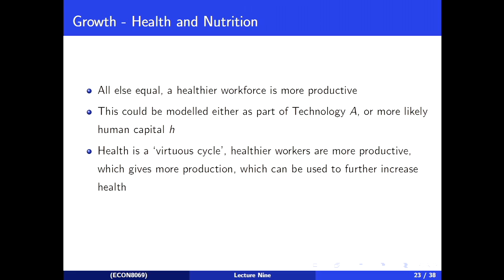So you could argue that it's part of human capital, how healthy the worker is. I think the textbook argues that it's part of human capital. I would think it's more like part of our catch-all technology field. It's really sort of an argument question here.